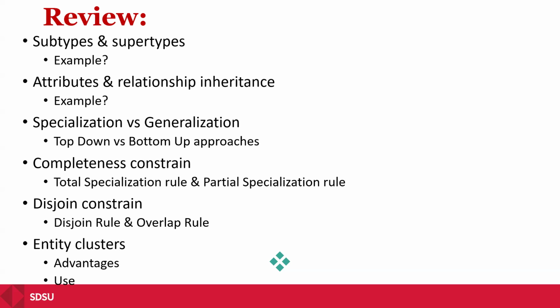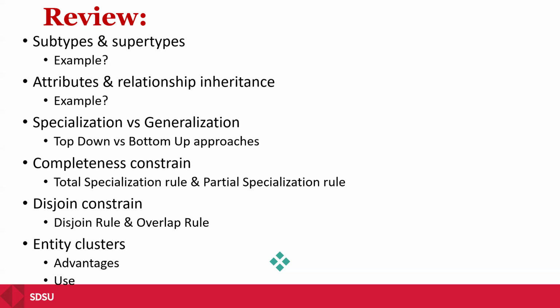And same applies to the attributes. We talked about specialization and generalization, top-down versus bottom-up approach on how to extract subtypes from supertype or combine subtypes into one supertype, which is generalization approach.